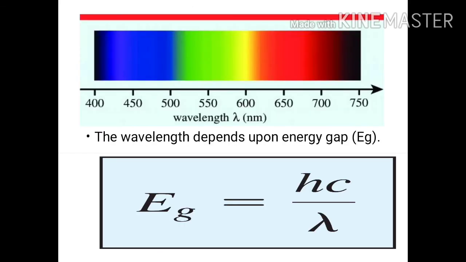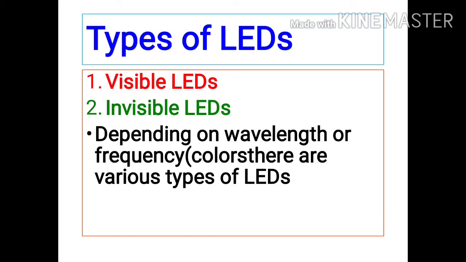Now you can see this is the relation we have seen, the relation between the energy gap and lambda, that is wavelength. And now we will study the different types of LEDs. Basically there are two types of LEDs, visible LEDs and invisible LEDs. The visible LED will produce light in the range of the visible spectrum, from 400 nanometer to 700 nanometer.